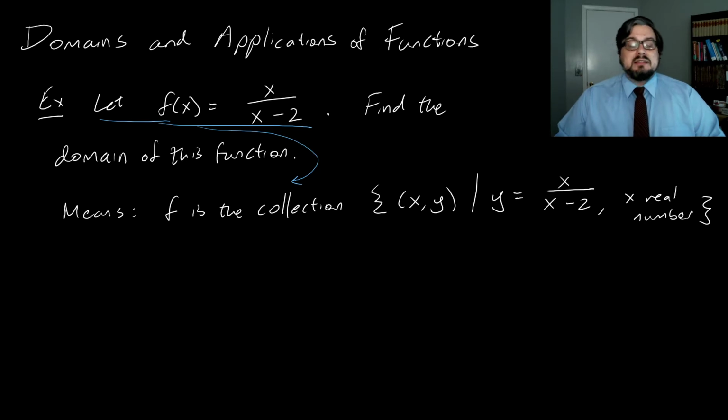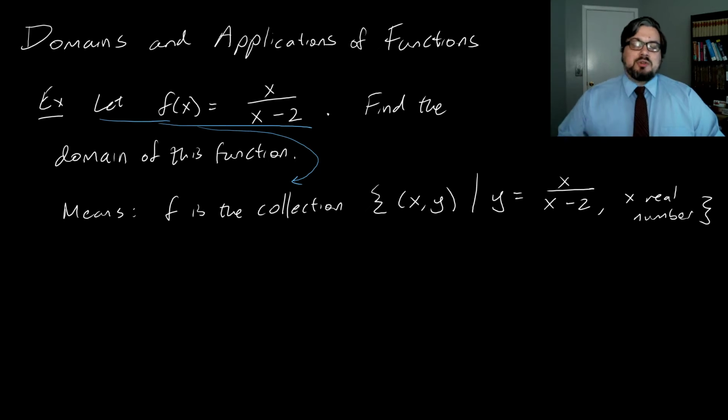Similarly, we can consider functions that only take integers as inputs, or sometimes only positive integers. Functions can have different sorts of classes of numbers that they work with. For us, by default, our functions are going to have inputs that come from the real numbers, but in other contexts, other courses, this might be very different.